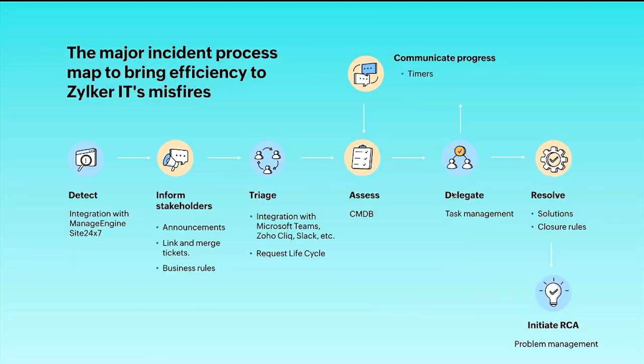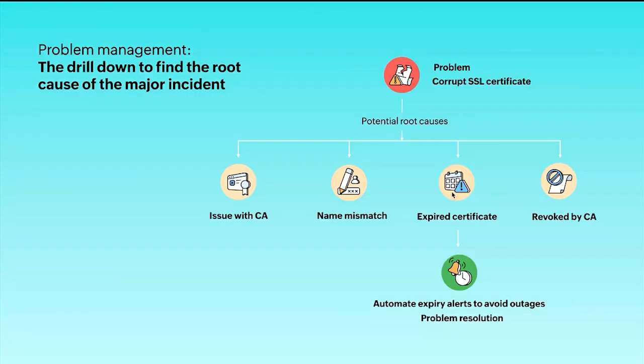As soon as the problem is identified by initiating the RCA, this is where the actual potential root cause analysis starts, right? So we identified that Zilker had an issue with a corrupt SSL certificate, right? So what could be the potential root cause? Issue with CA, there could be a name mismatch, it could be revoked by the CA, or there could be an expired certificate.